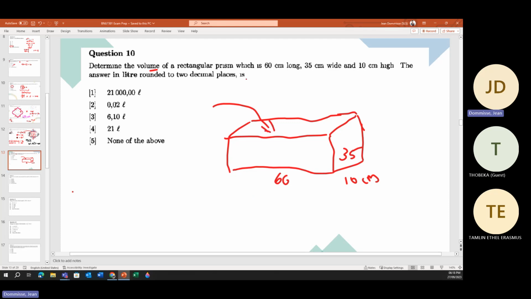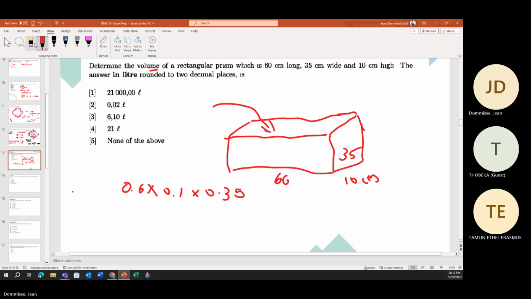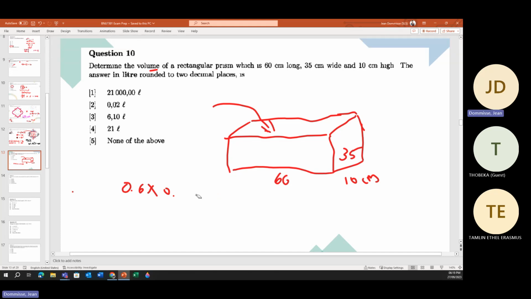So what we can do is say 0.6 times 0.1 times 0.35. So we've moved it from centimeters to meters. There are 2 ways that we can do it.